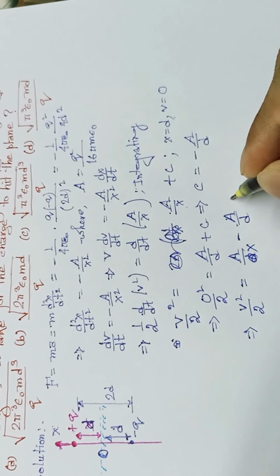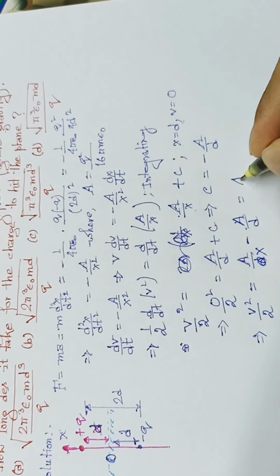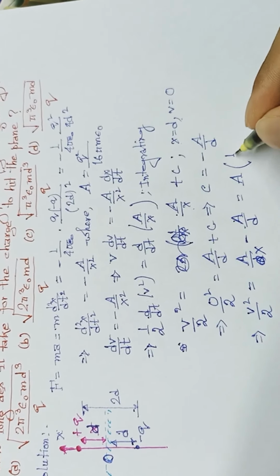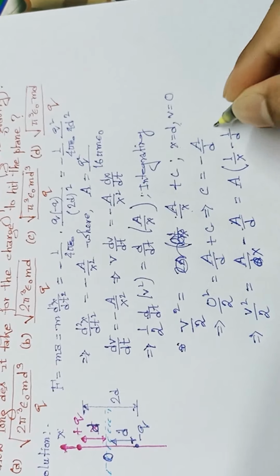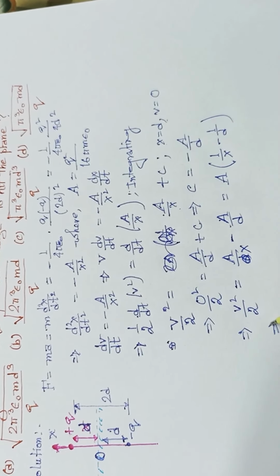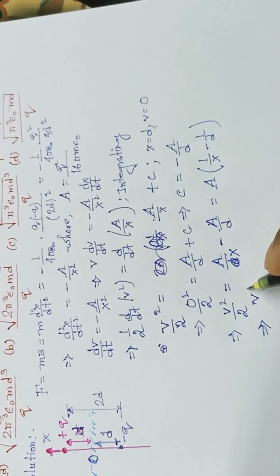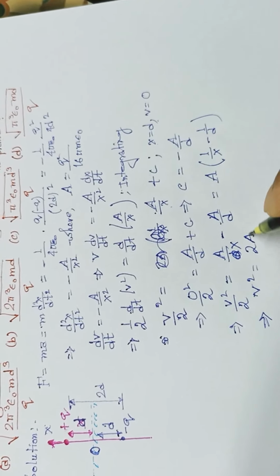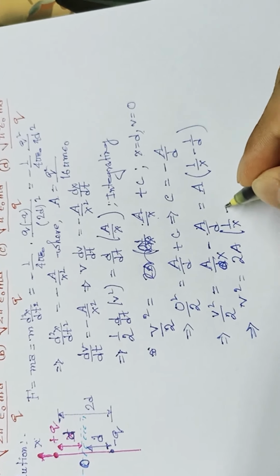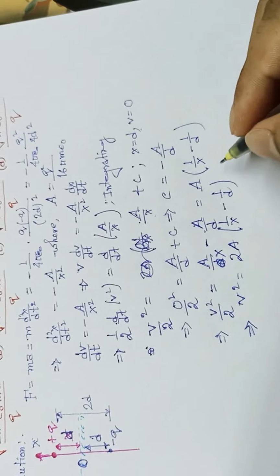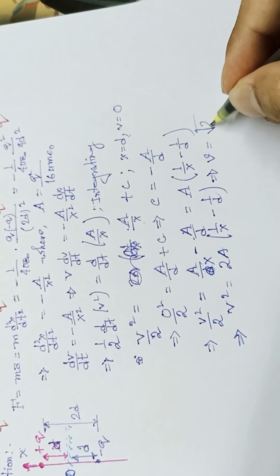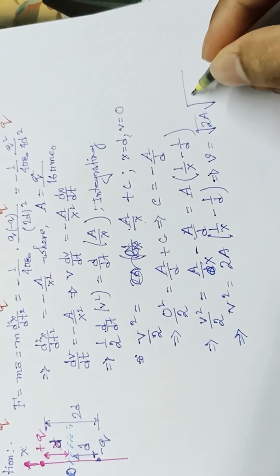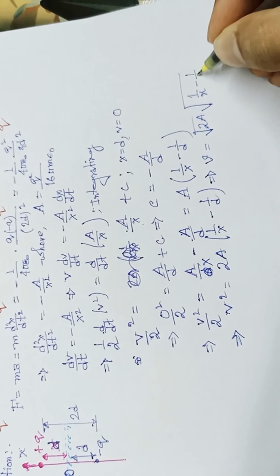Now we can take a as common. If we take a common, then our term will become a into 1 divided by x minus 1 divided by d. Now we can cross multiply this. Then v square will be equal to 2a into 1 divided by x minus 1 divided by d. So from this equation we can write v will be equal to under root 2a into under root 1 divided by x minus 1 divided by d.